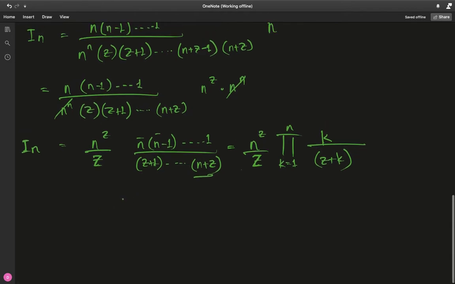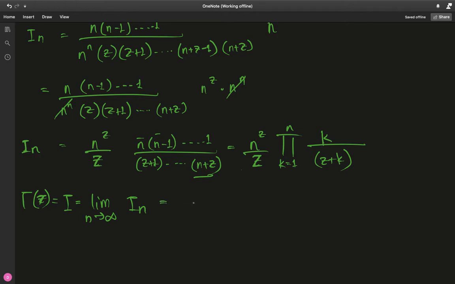Now we have simplified I sub n to the greatest level that we could. So now it's actually time to apply the limit as n goes to infinity of I sub n, which is nothing but I, which is nothing but gamma of z.